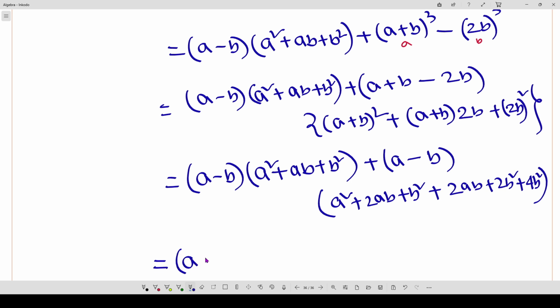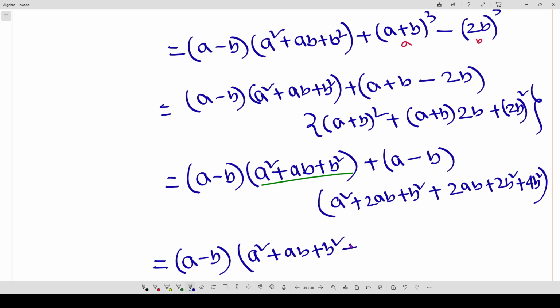Now a minus b we can take common. So what will we get? Here is a square plus ab plus b square.